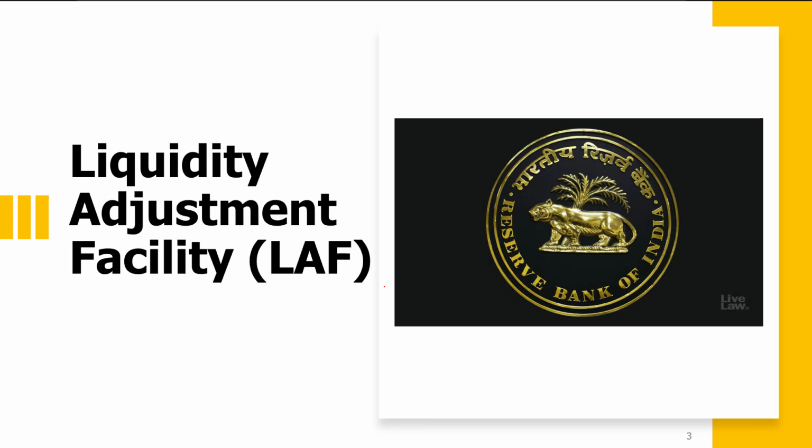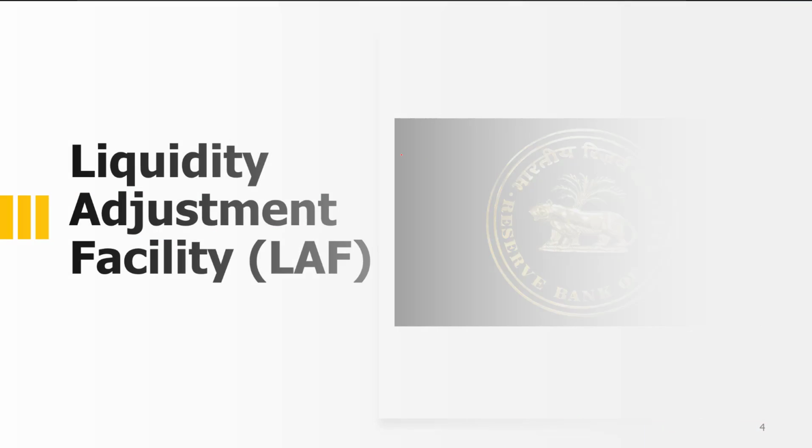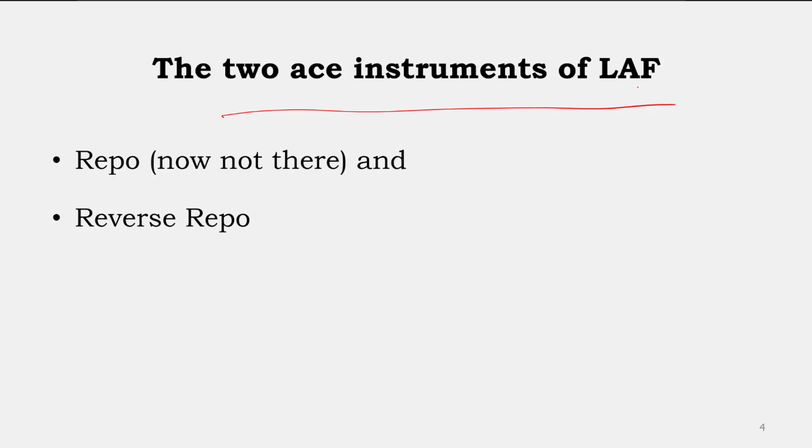Now the entire liquidity operations of the RBI are conducted through its well-known mechanism called the liquidity adjustment facility or LAF. There are basically two ace instruments for LAF which we are already familiar with. The first is the repo operation, which is not here now.